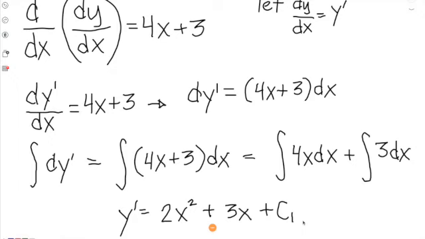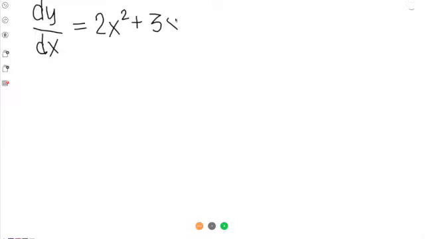Later on you will understand why we can't combine these constants like what we did previously. So now we have y prime, or let's write it as dy over dx equals 2x squared plus 3x plus c sub 1.